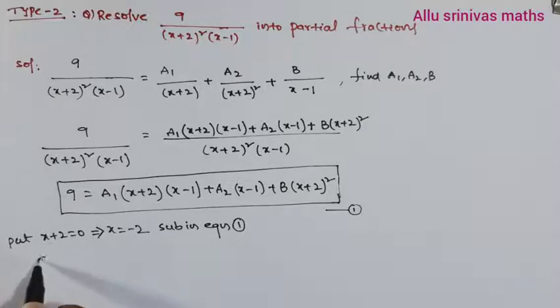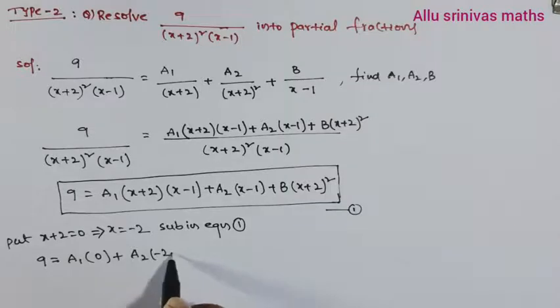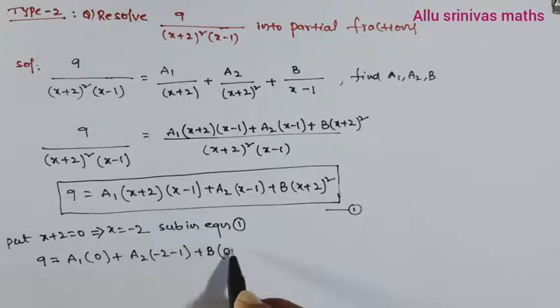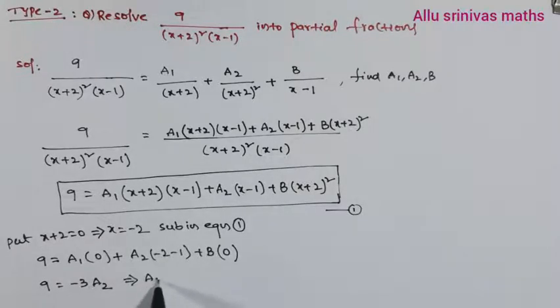Then 9 equal to a1 times (minus 2 plus 2), that is 0, and a2 times (minus 2 minus 1), and b times (minus 2 plus 2) becomes 0, 0 whole square is 0. And then finally 9 equal to minus 2 minus 1, which is minus 3 a2. Finally a2 equal to 9 by minus 3 equal to minus 3. This is the required value.